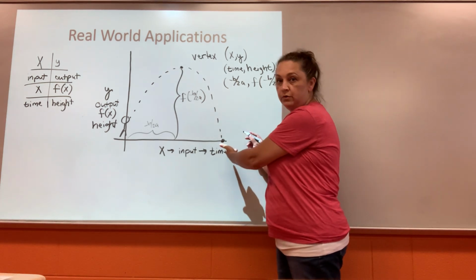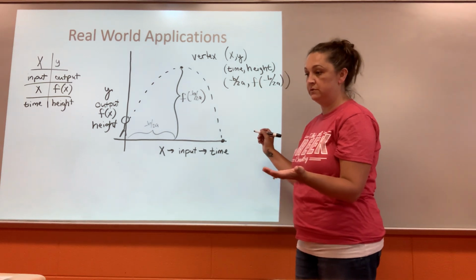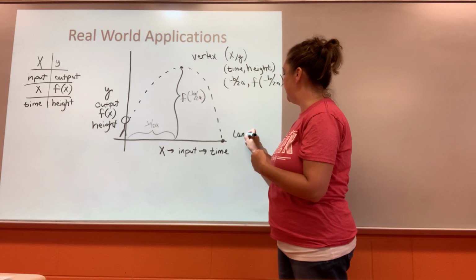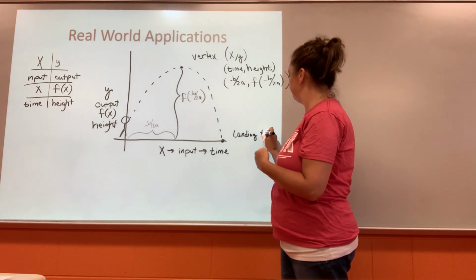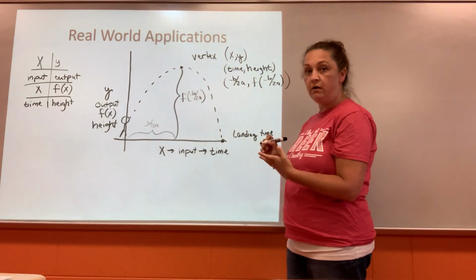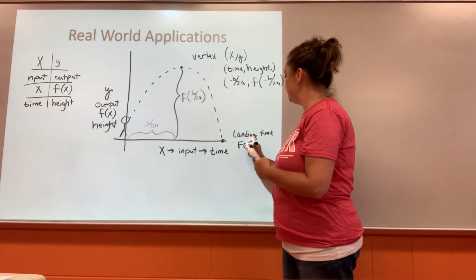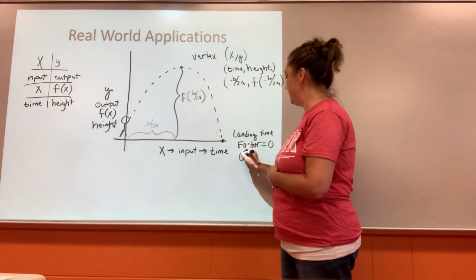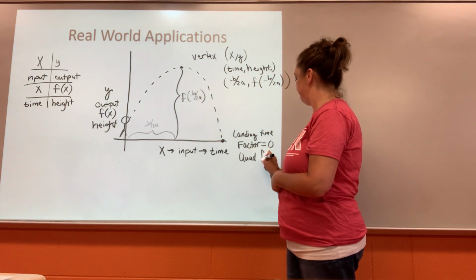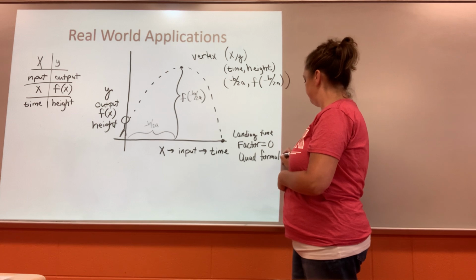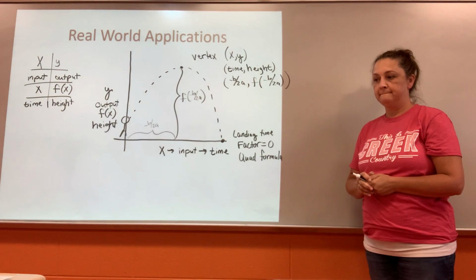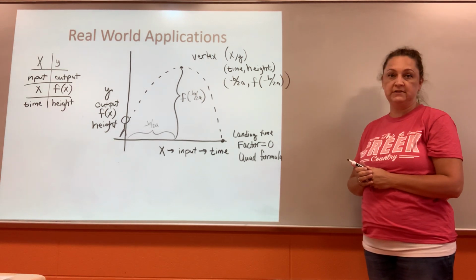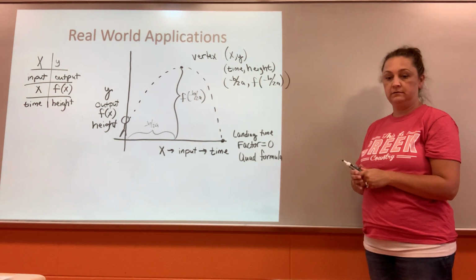Then you just want to find your roots right here. You know how to find your roots. So this would be, in real world terms, the landing time. And we would solve that by either factoring and setting those equal to 0, or the quadratic formula. So there's your overview of the applications that we're about to look at.